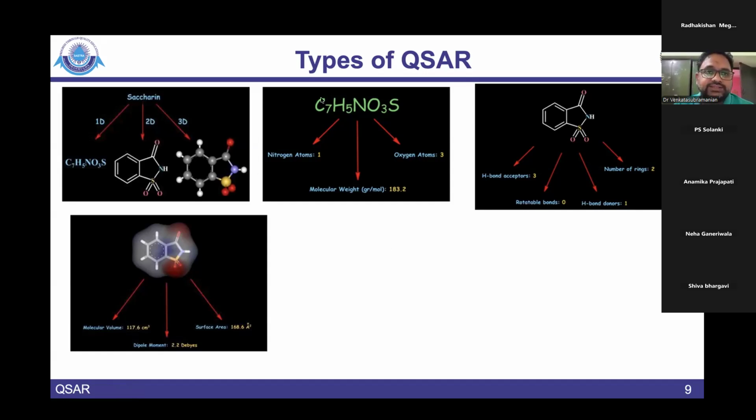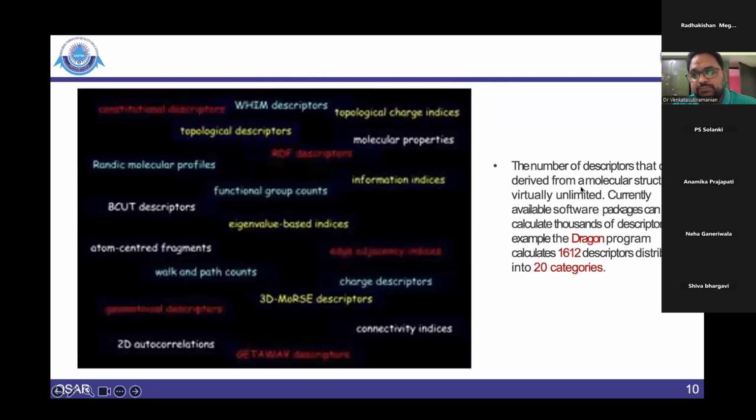And for every molecule, we can have numerous molecular descriptors. There can be so many different numbers, and we just have to use them. So the number of descriptors that can be derived from a molecule is virtually unlimited.